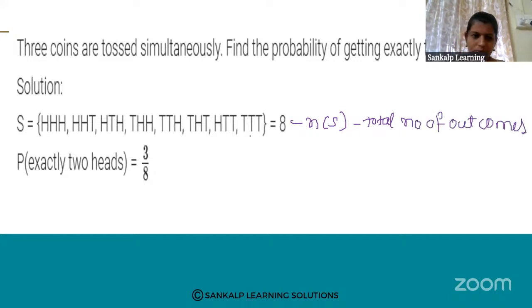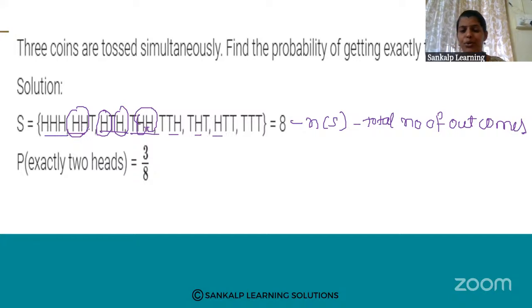Next. Probability of getting exactly 2 heads. Exactly 2 heads, where do we have it? 1, 2, 3. Here also 2 heads are there. Here also 2 heads are there. Here also 2 heads are there. In the others, 1 head is there, and here 3 heads are there.